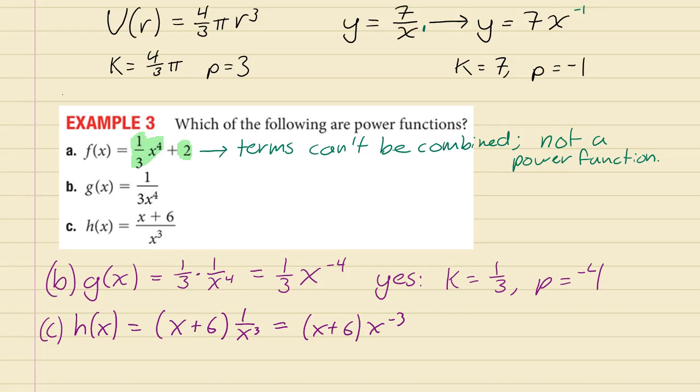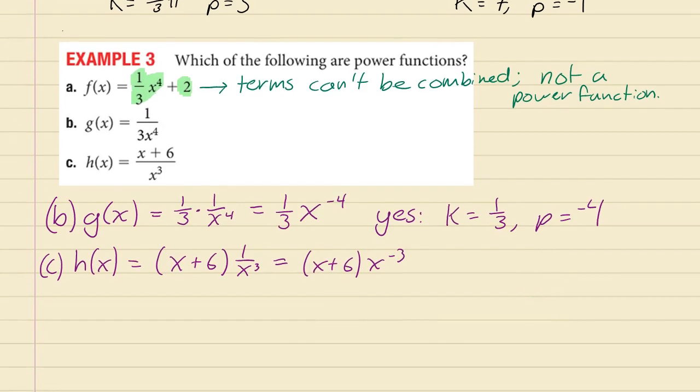But the problem is this thing here isn't just a number. The k in front has to be a number like 1/3. So you can't have a variable there. So it doesn't work that way. You could try distributing stuff into here. You could do x times x to the negative 3. And then that basically gives you two different power functions with two different terms that can't be combined. So this is not a power function.